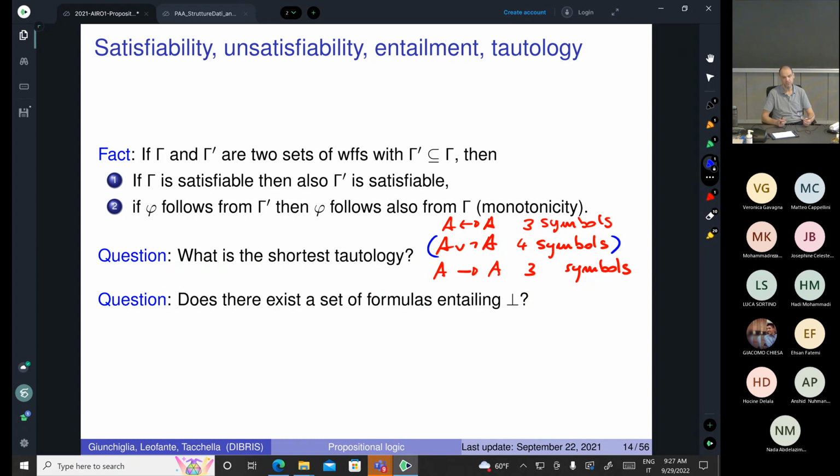If A is false, false if and only if false, and it works. And these are the shortest. You cannot define anything with 2 symbols because that would be just negation and an atom, and not A is satisfiable, but not a tautology.